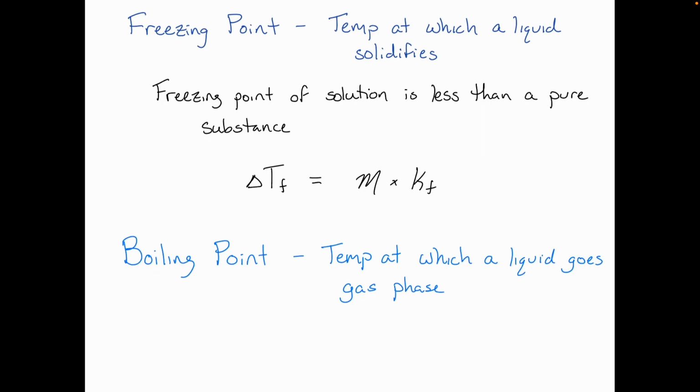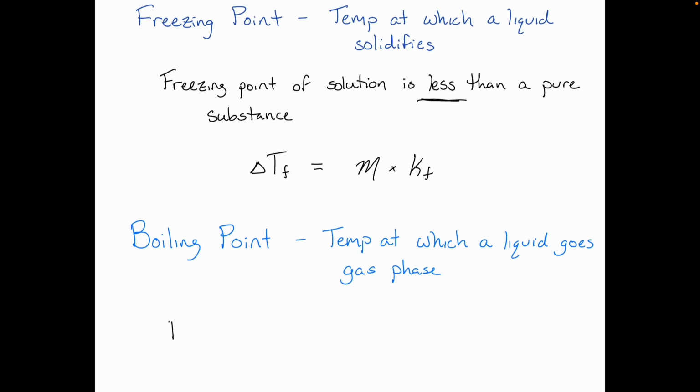All right, and the freezing point of a solution is always less than that of a pure substance. The boiling point of a solution is always more than that of a pure substance. So the boiling point of a solution is greater than a pure substance.